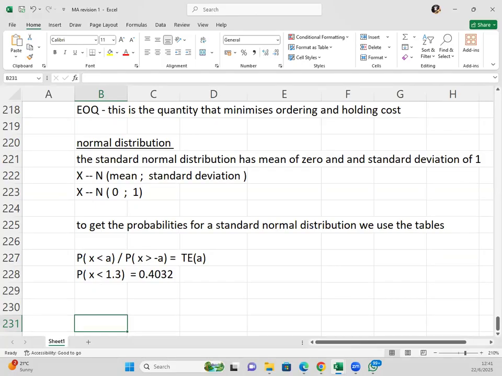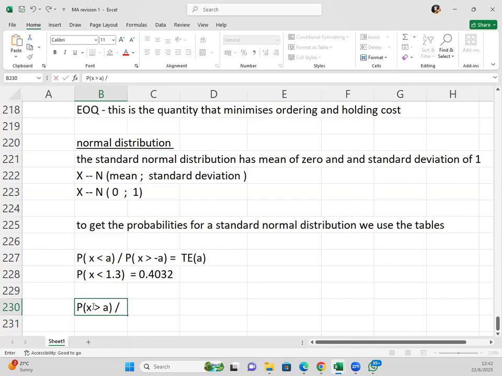What if the question had said, what is the probability that X is greater than positive A?